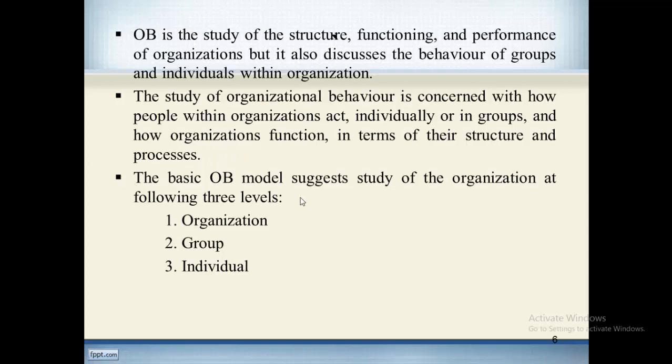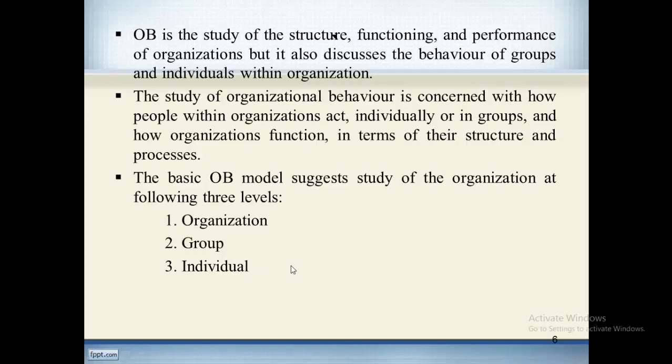The basic organizational behavior model suggests study of organizations at three levels: organization, group, and individual. In the previous definitions we discussed that OB is the study of the individual, the groups, and the organization.